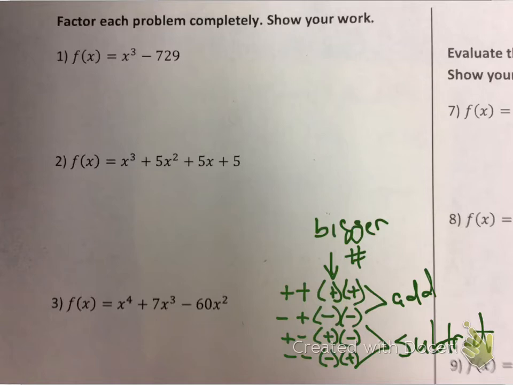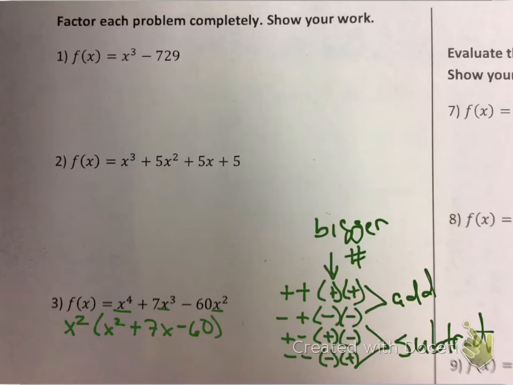So what does that mean? I'm going to do these slightly out of order, but if you look at number 3, you can see that I can factor out this x squared because each of these has a greatest common factor. So when you have 3 terms, look for a greatest common factor or see if it's in quadratic form. I take out the x squared, and now I'm left with x squared plus 7x minus 60.